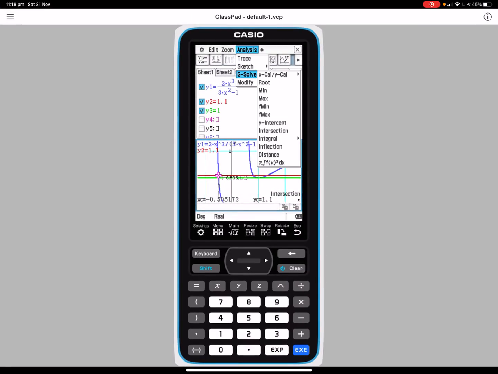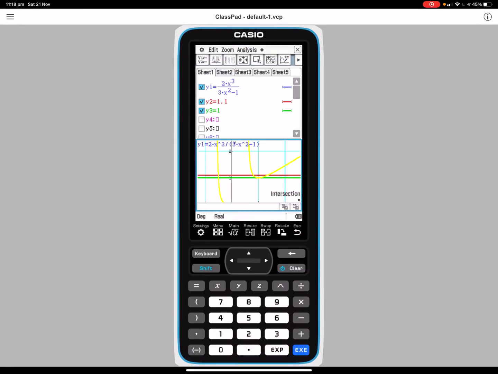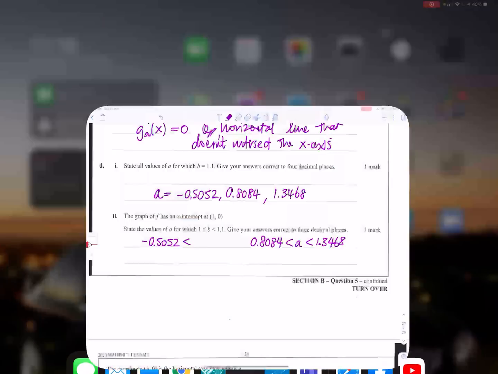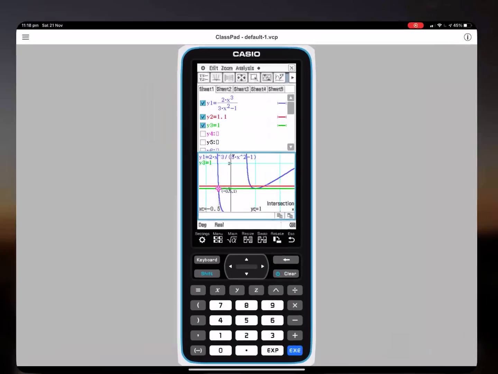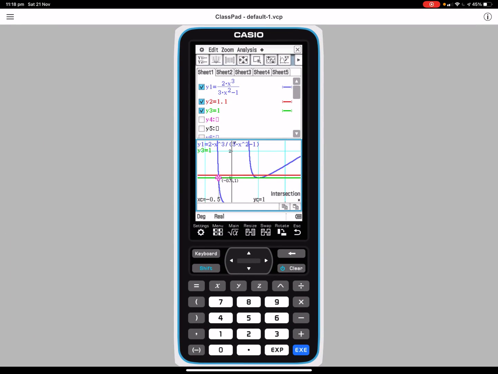But then if we find the other intersection point, negative 0.51. So we know there's 2. But when we solve it in the main screen, it didn't give us that.